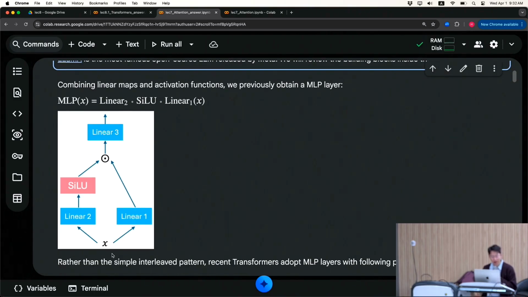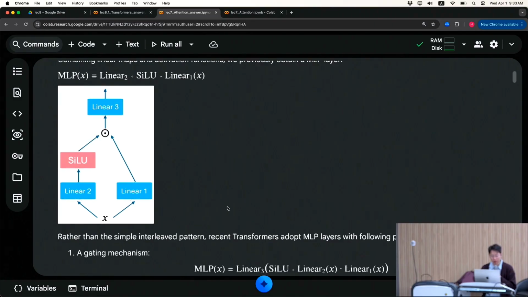So input X is one of the token embeddings and gets routed to two FC layers, fully connected or linear layers, and SiLU takes input from the second linear, and they get element-wise multiplied, and then the result gets routed to the third linear layer.